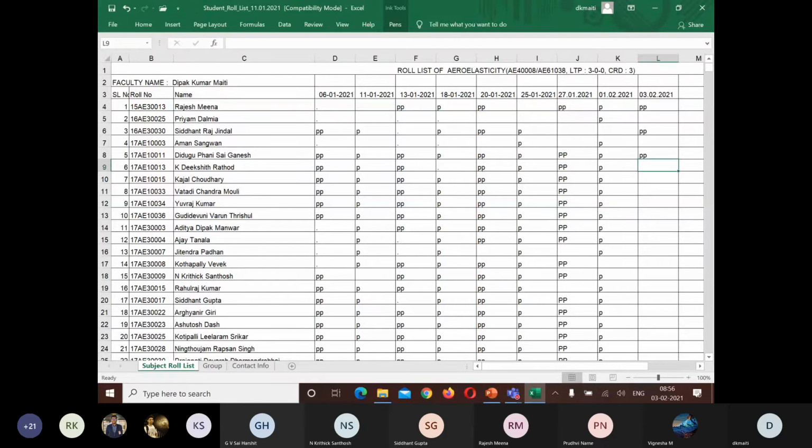Dikshit Rathod, present, sir. Arun Chaudhary, present, sir. Chandramouli. Yuvraj Kumar. Arun Trishul, present, sir.